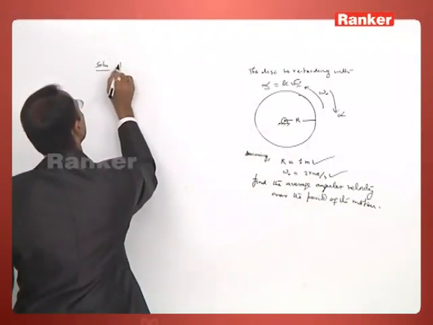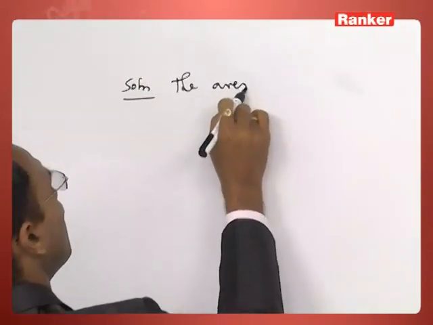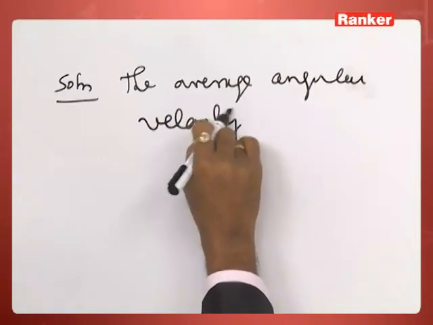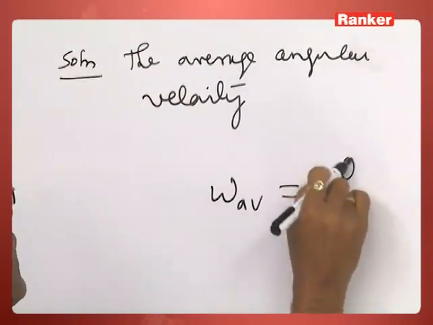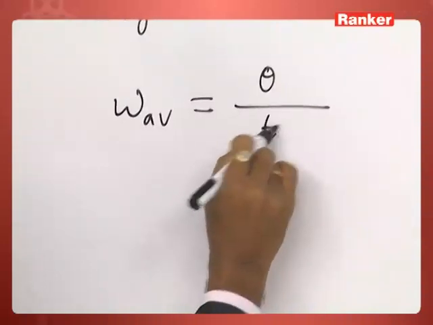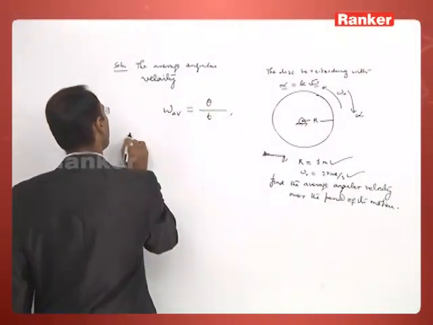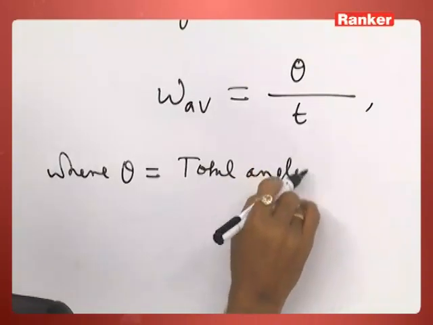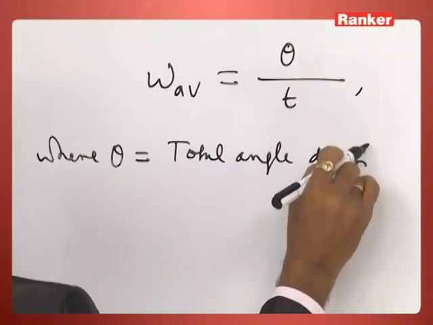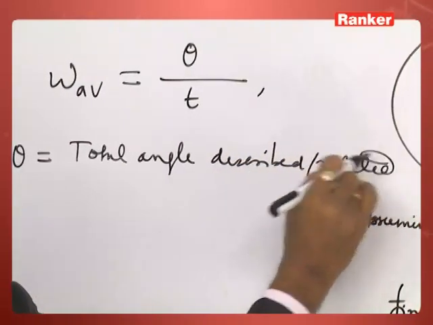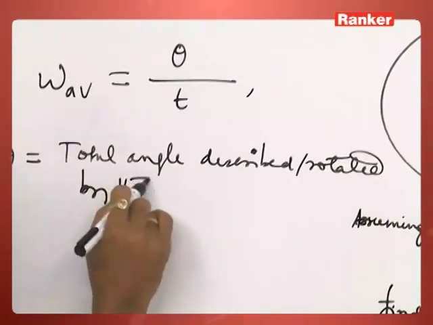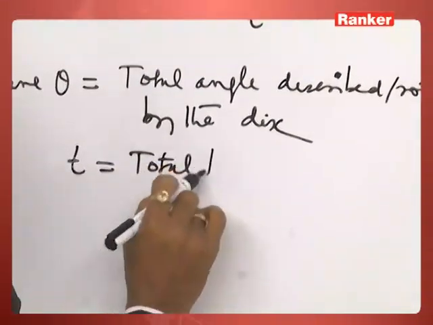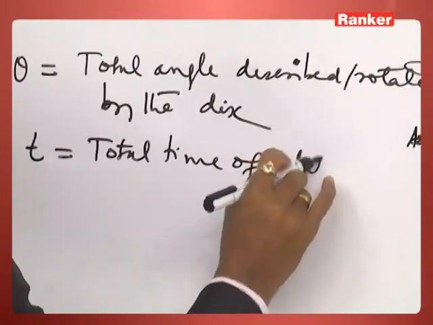The average angular velocity is given as total angular distance upon the total time, where theta is the total angle described or rotated by the disk, and T is the total time of motion or rotation.